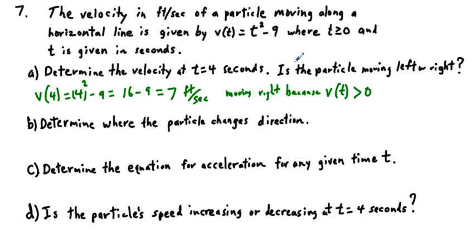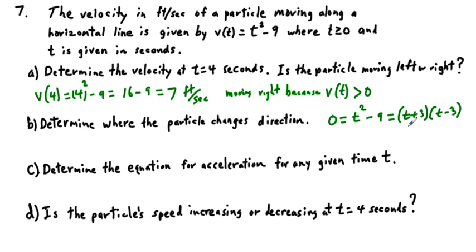Okay, determine where the particle changes direction. We need to take the velocity and set it equal to 0. So we'll say 0 equals t squared minus 9. Factoring, that's going to be equal to t plus 3 times t minus 3.